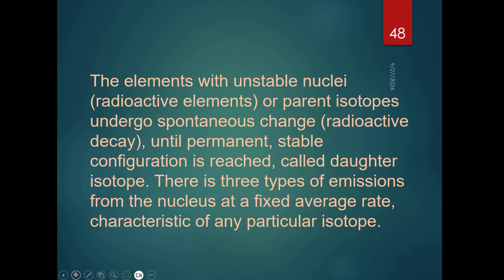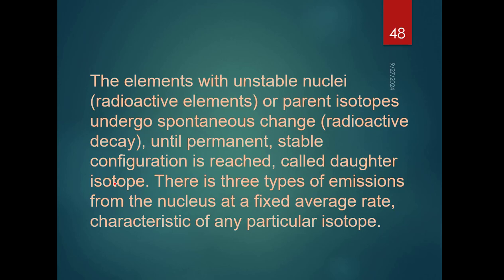The elements with an unstable nucleus, we call them radioactive elements, or parent isotopes. They undergo spontaneous change, which we call radioactive decay, until a permanent or stable configuration is reached. We call those daughter isotopes. There are 3 types of emission from the nucleus at a fixed average rate.